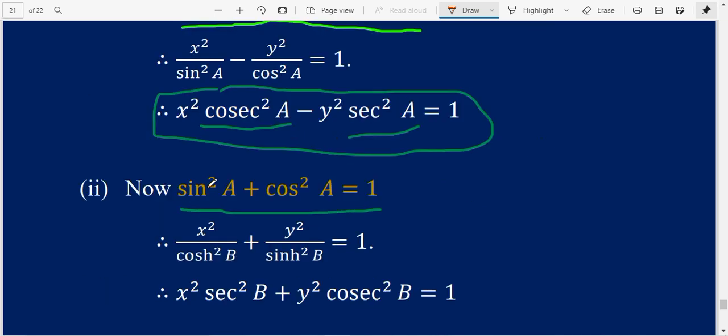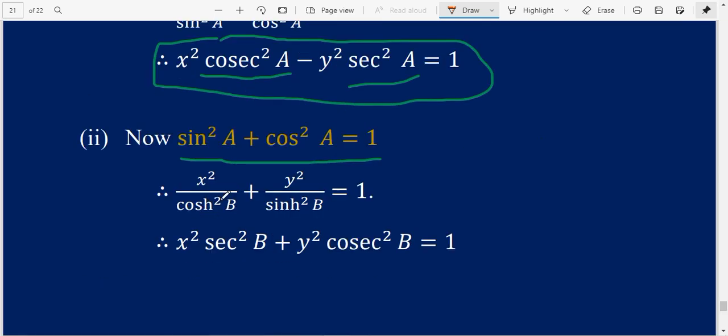So x square upon cosh square b plus y square upon sinh square b is equal to 1. So 1 upon cosh square b is sech square b, giving x square sech square b plus y square cosech square b is equal to 1.